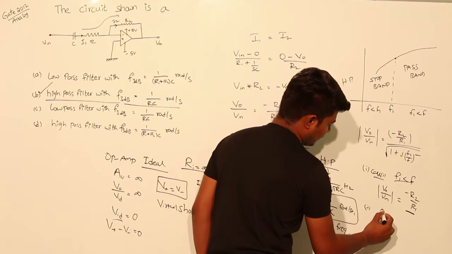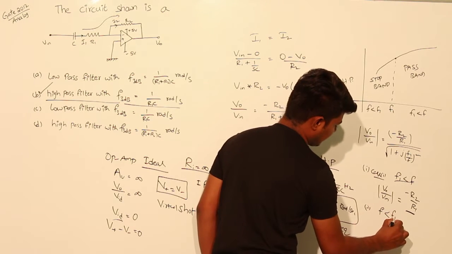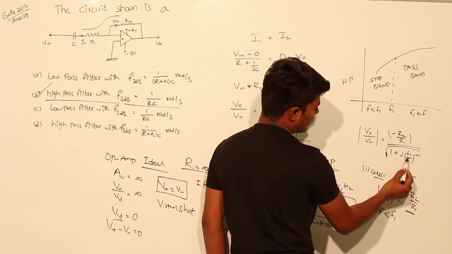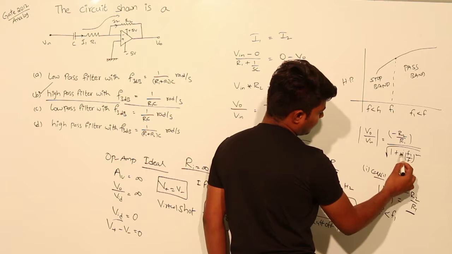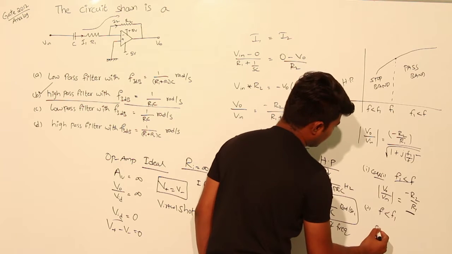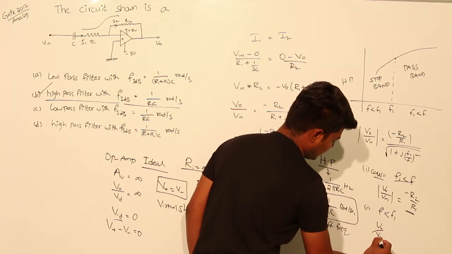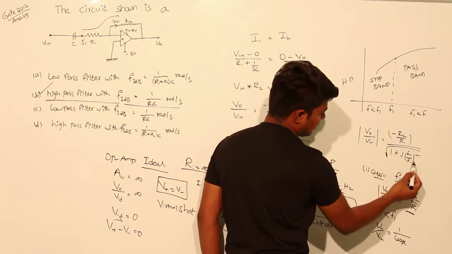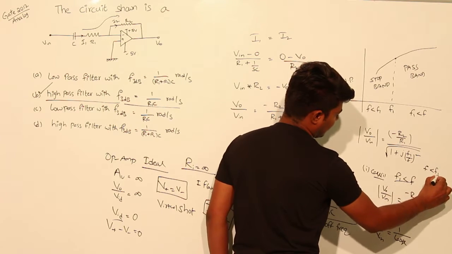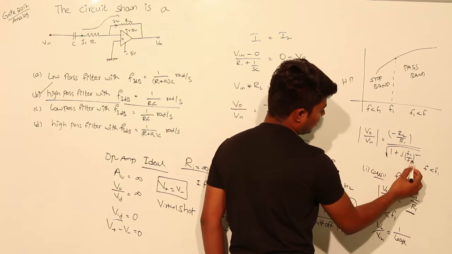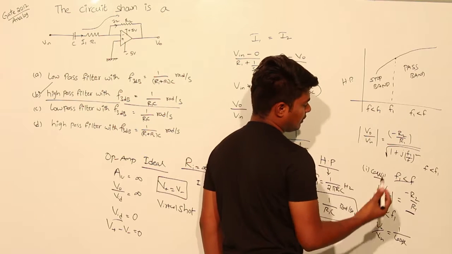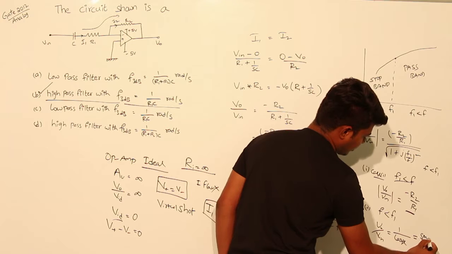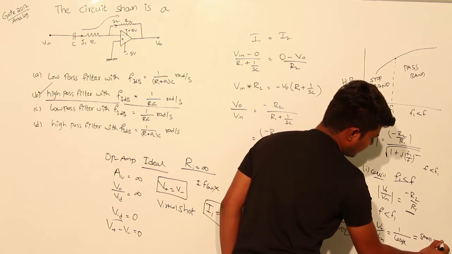Now case 2, when F is less than F1. In this case F in the denominator is smaller than F1, so this becomes 1 plus a large number, whole square. Since F is smaller compared to F1, this part is larger, so the denominator will be much larger, and 1 by a very large value implies small, and we can even simplify it to 0.